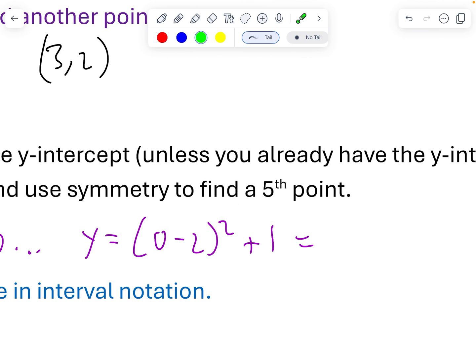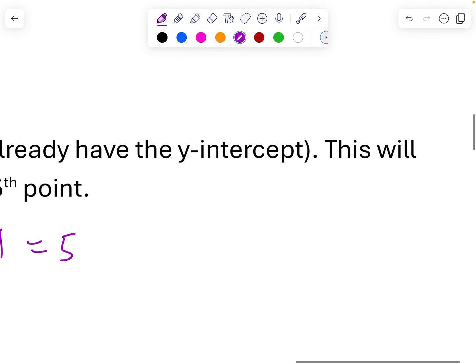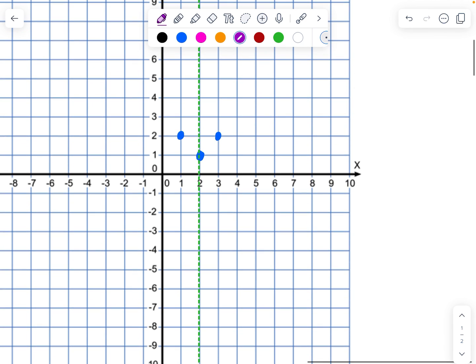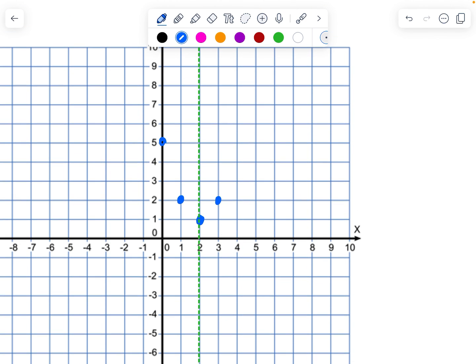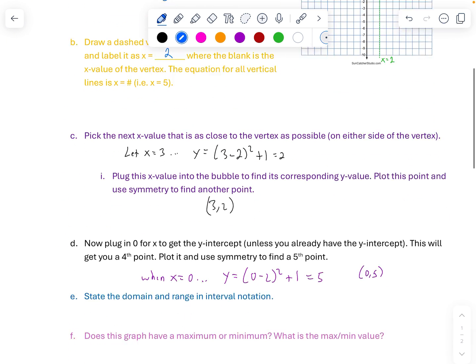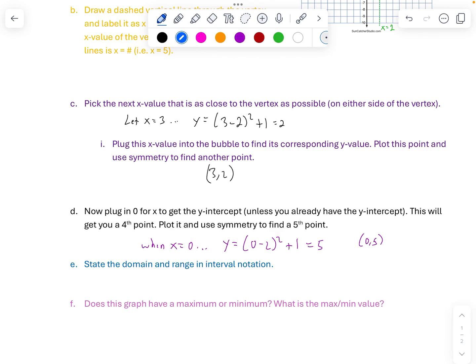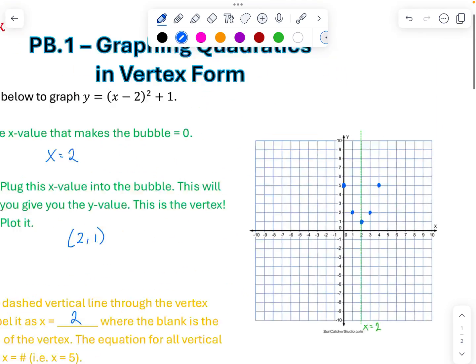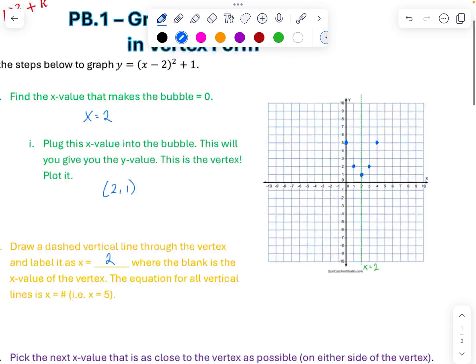Squared, you have to square the negative, so it comes out positive. 4 plus 1 is 5. So we have the point (0, 5) as our y-intercept. Let's come back up to our graph and plot that point. (0, 5) is right here. You can use symmetry to get another point over there, which is what the rest of that part D tells us to do.